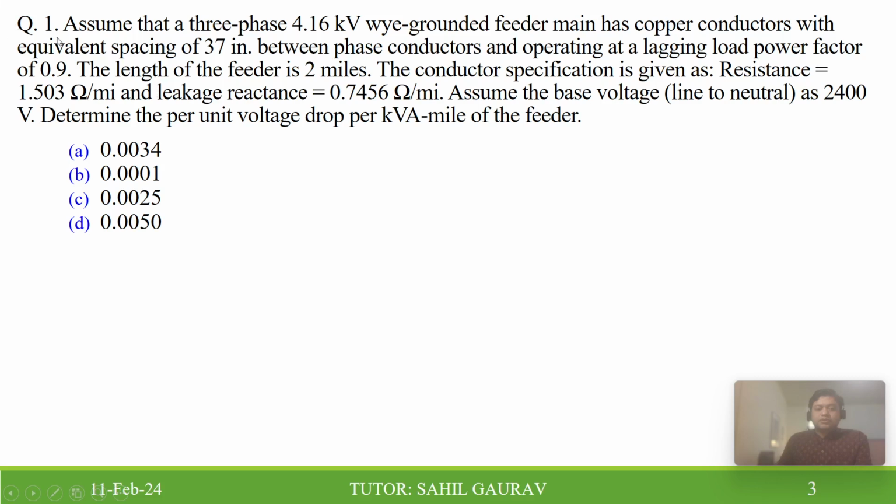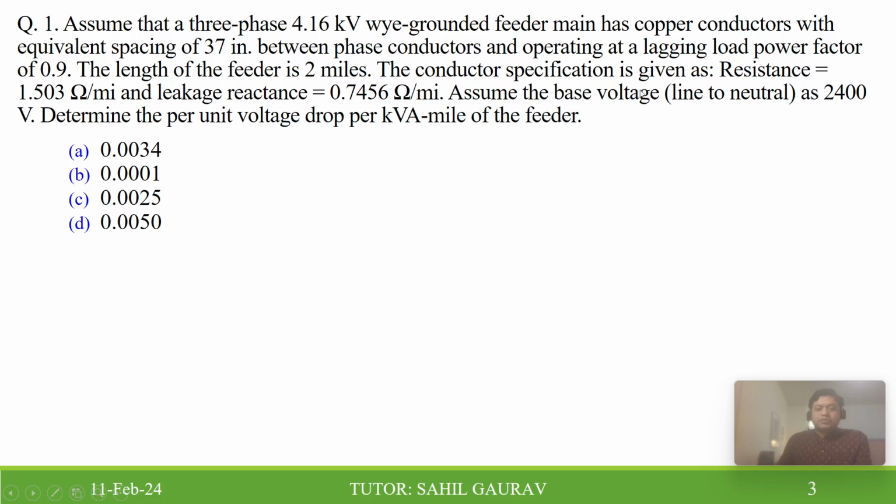On this expression we are going to solve the first problem. Assume that a three-phase 4.16 kV star grounded feeder main has copper conductors with equivalent spacing of 37 inch between phase conductors and operating at a lagging load power factor of 0.9. The length of the feeder is 2 miles.